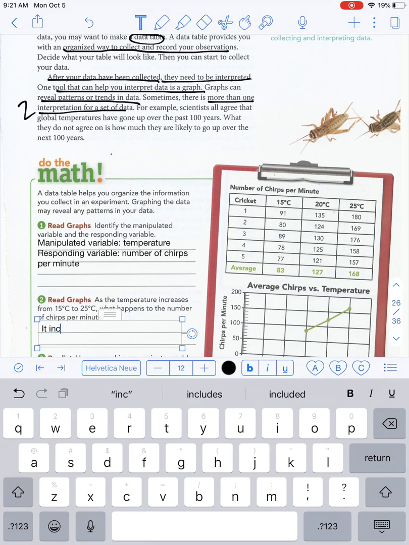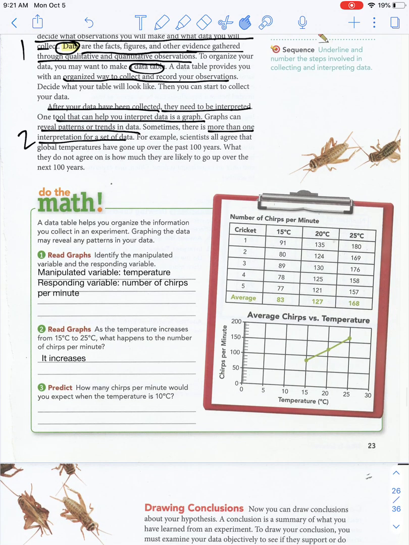So looking at the graph, what happens to the number of chirps per minute? Right, it increases because we can see that the line in our graph is going up. How many chirps per minute would you expect if the temperature was at 10 degrees Celsius? So if the temperature was even lower, what could we expect?